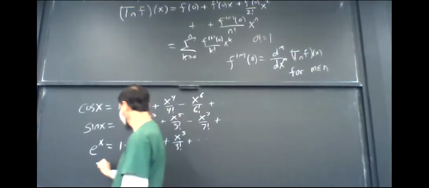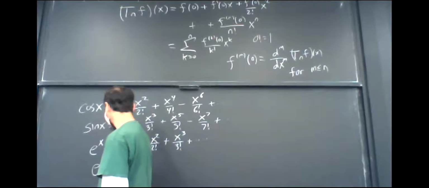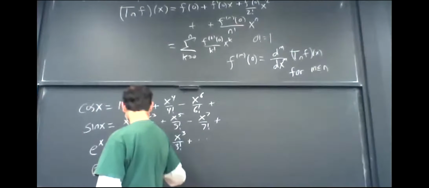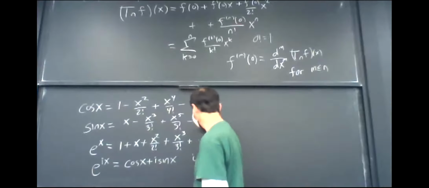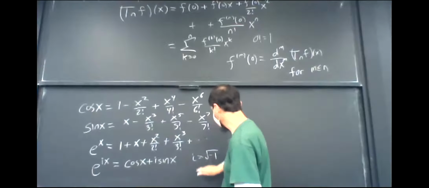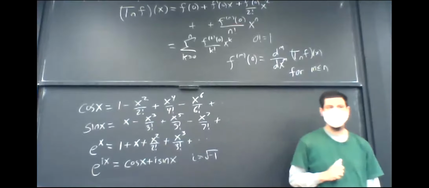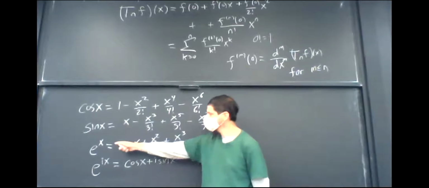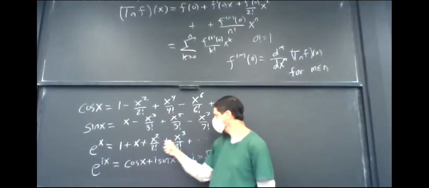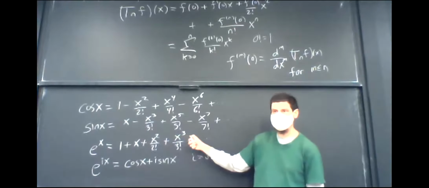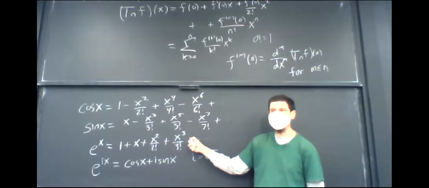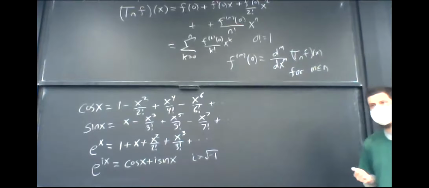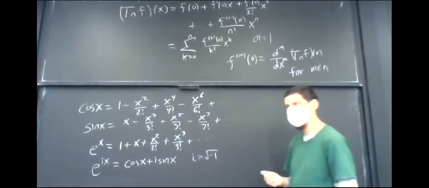And it turns out e to the ix is cosine x plus i sine of x, where i is the square root of negative 1. And if you plug this in, if you replace x with i times x, all the odd degree terms are going to have either i to the 1st power, the 3rd power, the 5th power, the 7th power.